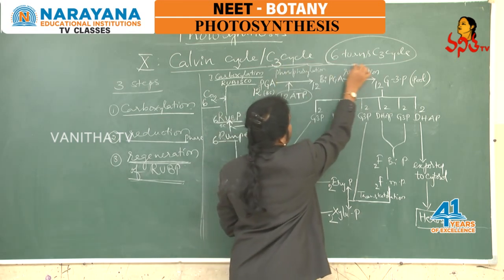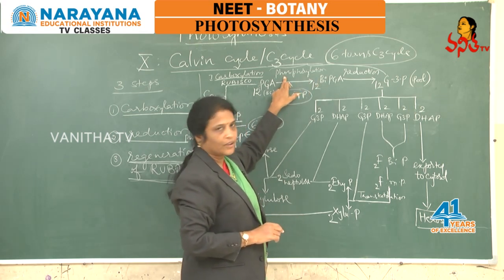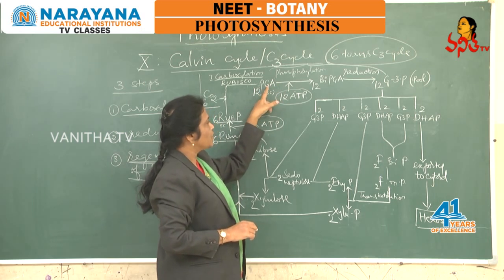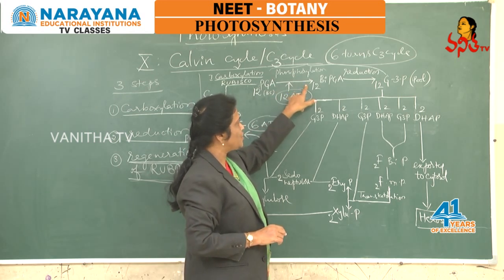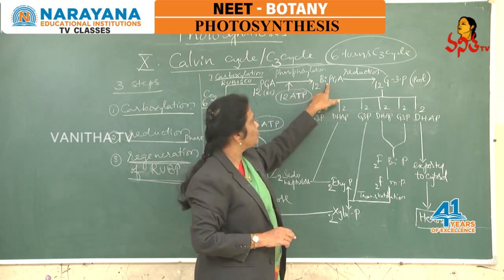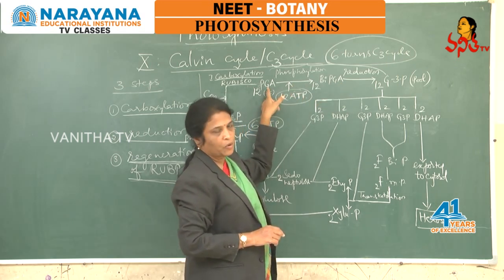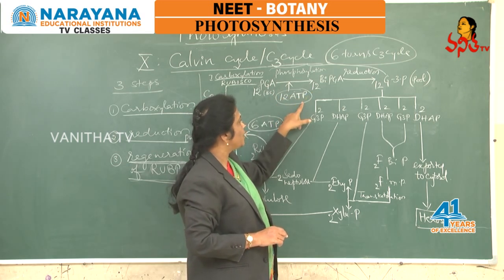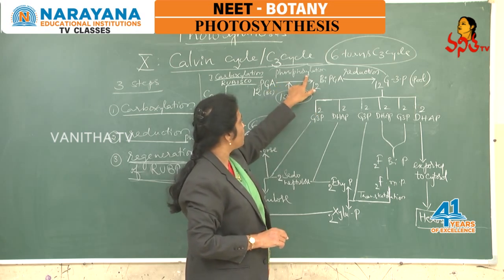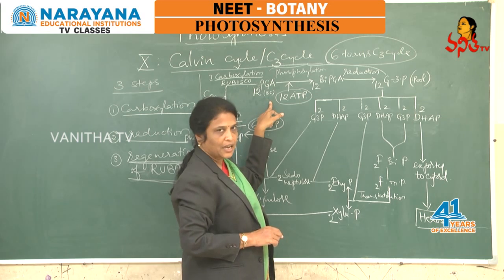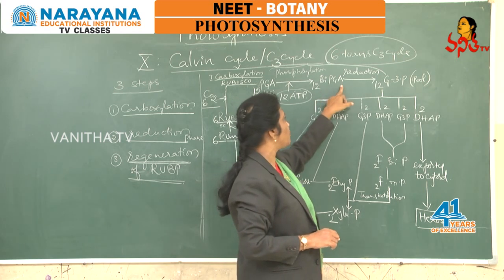The first reaction of the reduction phase is phosphorylation, where the 12 molecules of phosphoglyceric acid undergo phosphorylation and are converted into 12 molecules of bisphosphoglyceric acid, meaning one more phosphate is added to these molecules, and the addition of that phosphate is done by utilizing 12 ATP molecules. So, in the phosphorylation process 12 ATP molecules are utilized, so that 12 PGA molecules are converted into 12 bisphosphoglyceric acid molecules.